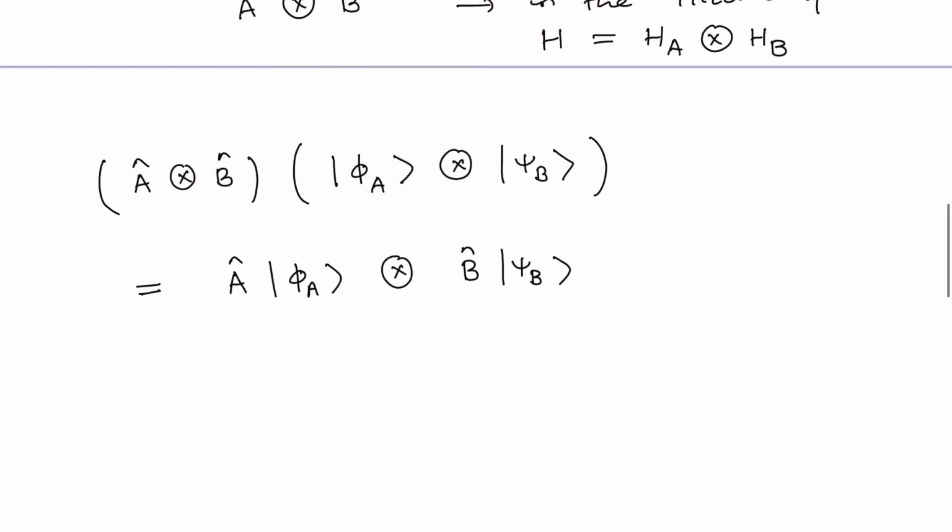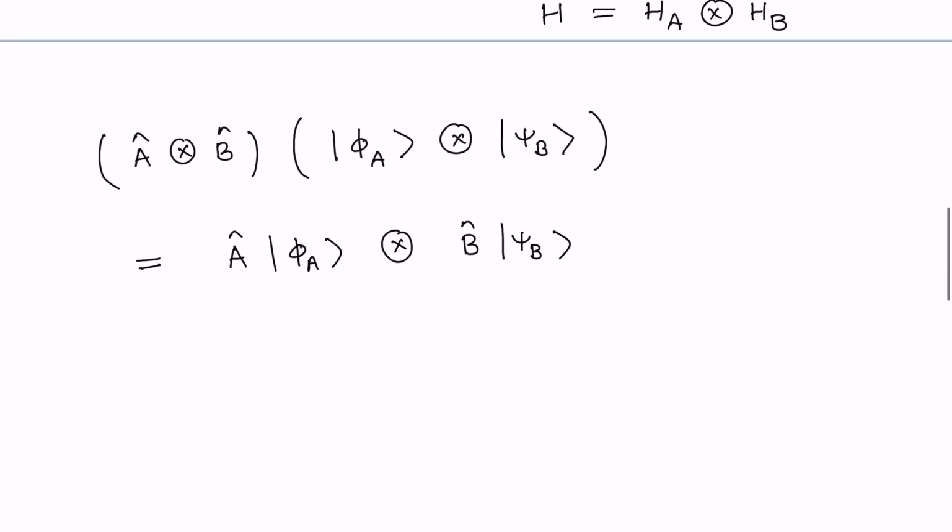Now, as you know, operators can be represented by matrices, and this helps us to define the tensor product operation of two operators. Let me explain how to do that. The tensor product, as I have already told you, is also called the direct product of two matrices.